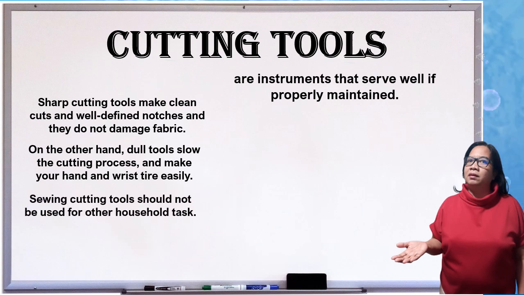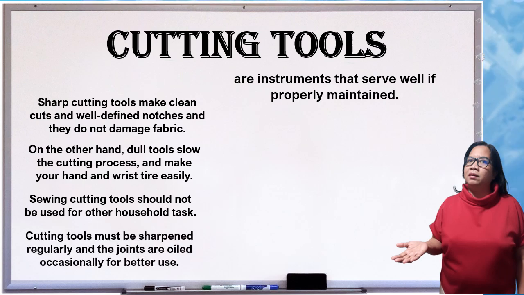Always remember not to use sewing cutting tools in other household tasks. Another thing, cutting tools must be sharpened regularly and the joints are oiled occasionally for better use. So if you want to make your cutting tools last longer, always remember these tips when using cutting tools.